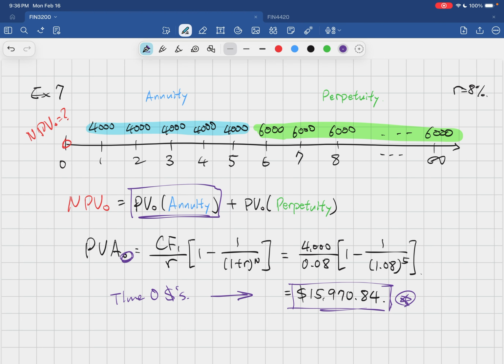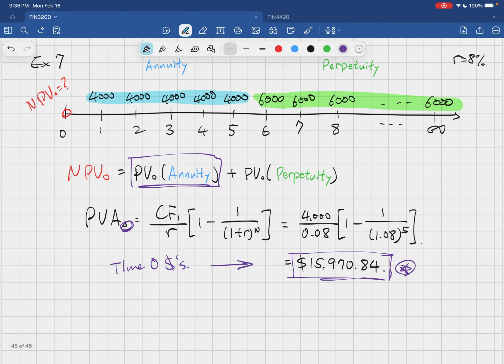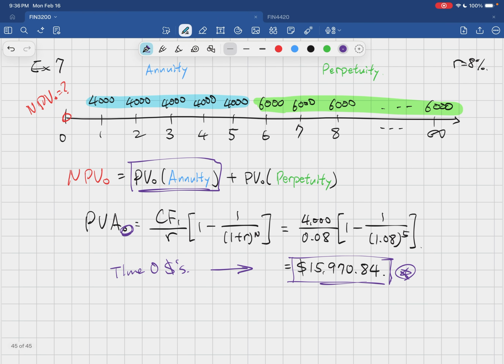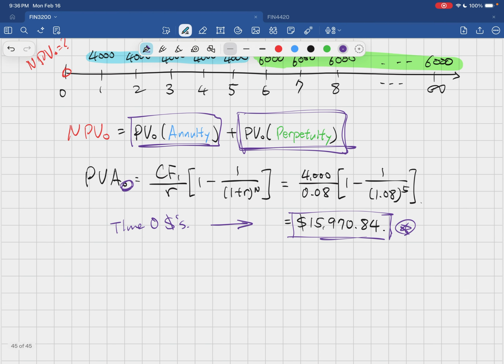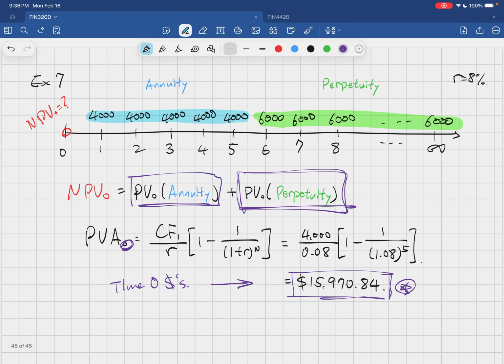The second part is getting the present value of this perpetuity. That one is a little more complicated. Some of you might already notice that since the first cash flow of the perpetuity occurs in year 6, if you use the present value of a perpetuity formula, you get the value as of year 5, just like how the annuity formula works.